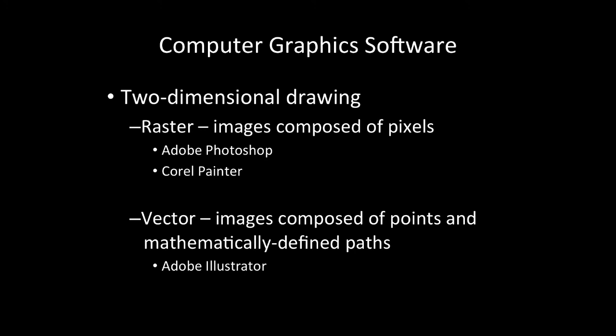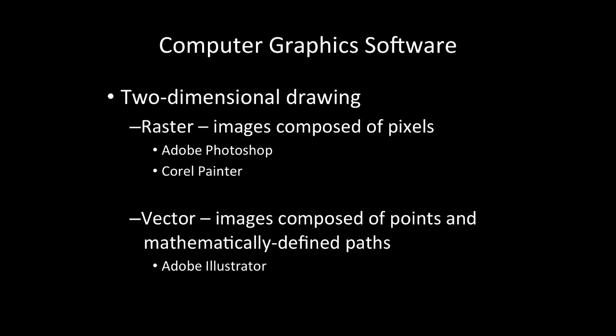You can fill in the interior of a shape. You can apply a color to the path itself, what we call the stroke color, and construct all of your objects using these mathematically defined paths. Now, you don't have to understand the math. The software calculates all of the math necessary to remember the position of the points and the shape of the paths.